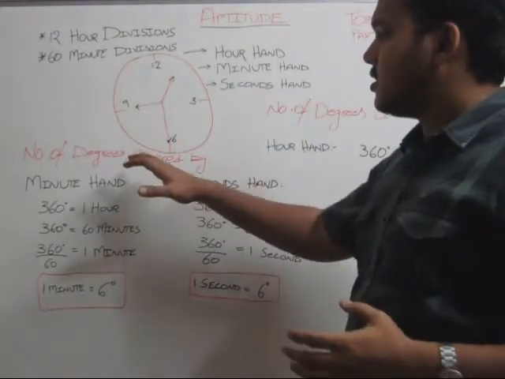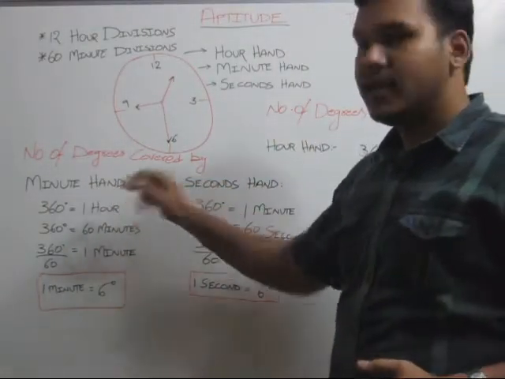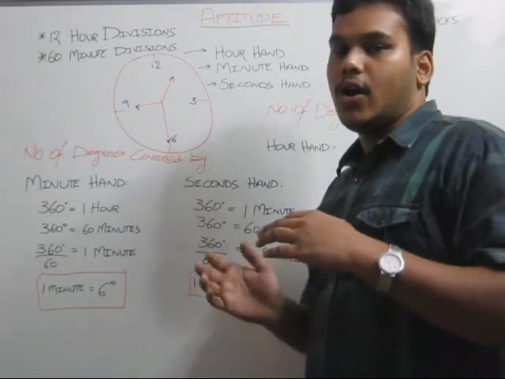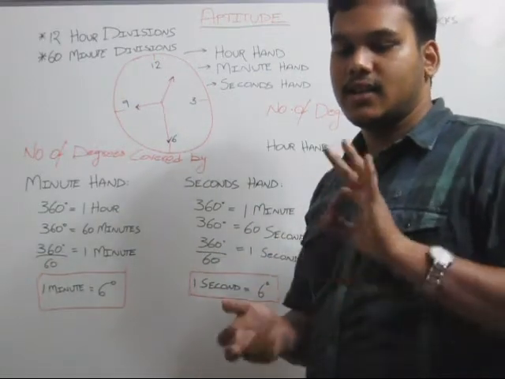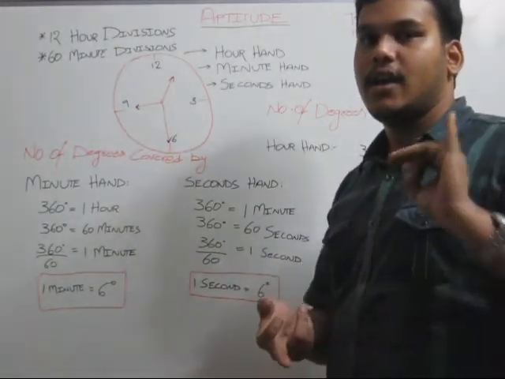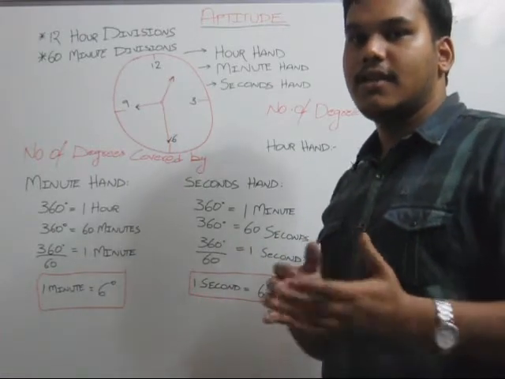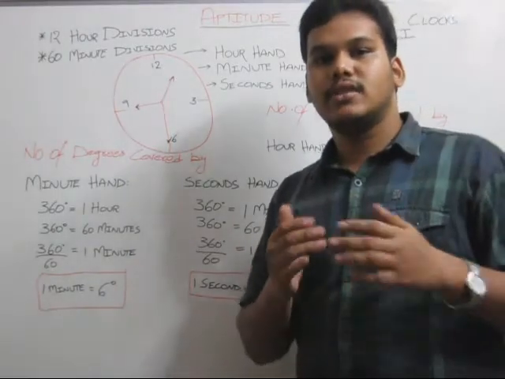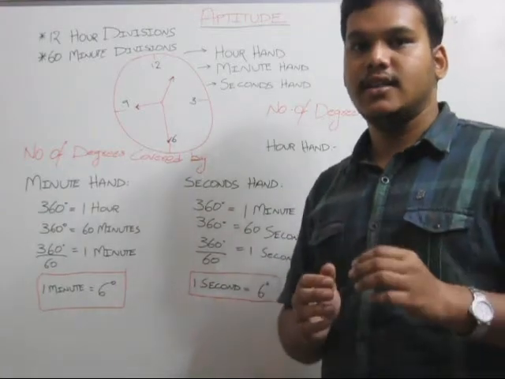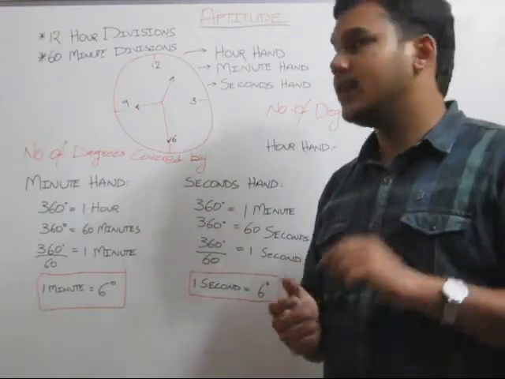The next one is the number of degrees covered by the minute hand. We have seen the number of degrees covered by the hour hand is half a degree for 1 minute.